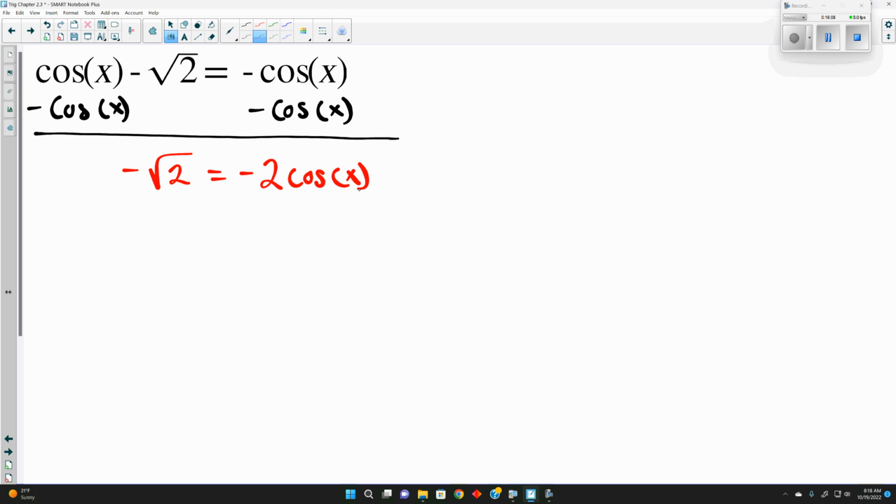Well, then the next thing we can do is divide both sides by negative 2, telling us that cosine of x is equal to square root of 2 over 2.